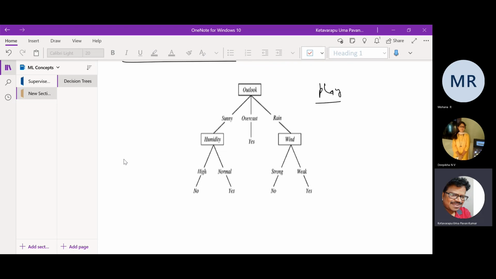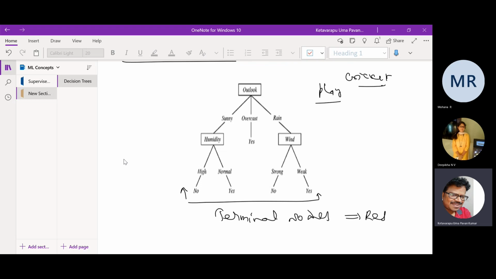We assume that we are planning some cricket with our friends, and a small analogy we are doing is, based on the appropriate weather condition, whether we are going to play cricket or not. If you see these things, these are known as the terminal nodes, friends. These terminal nodes give the results.